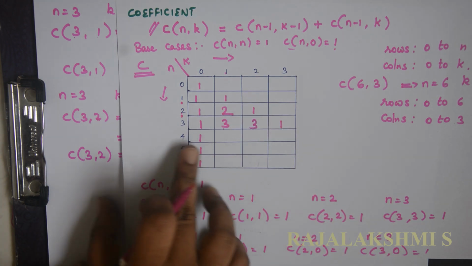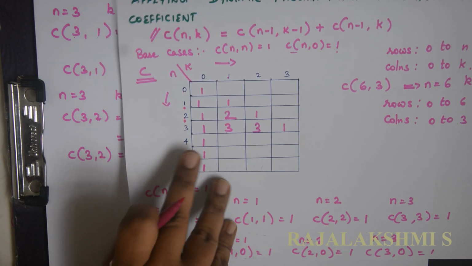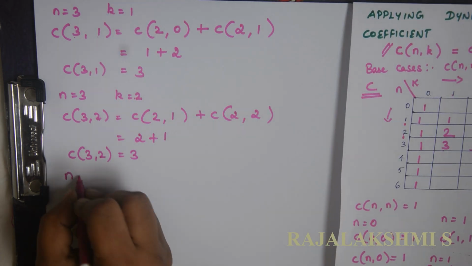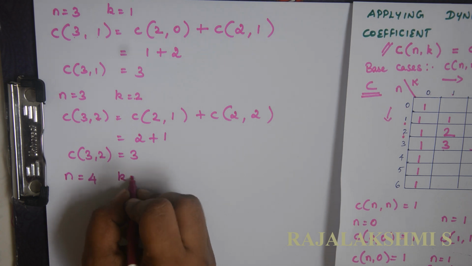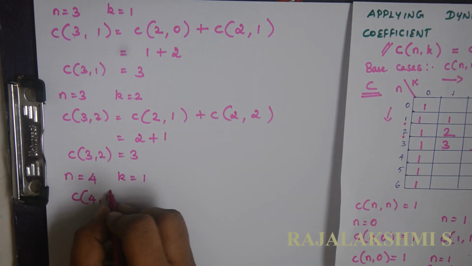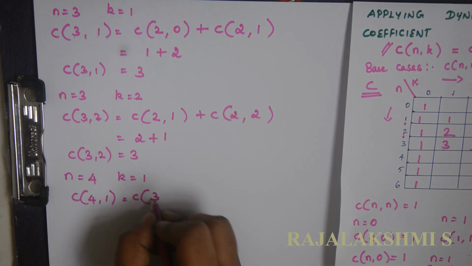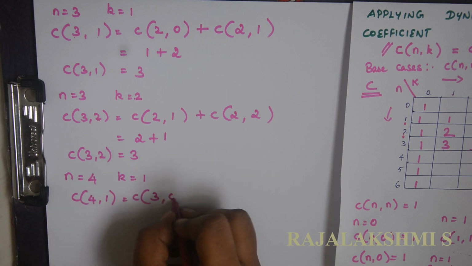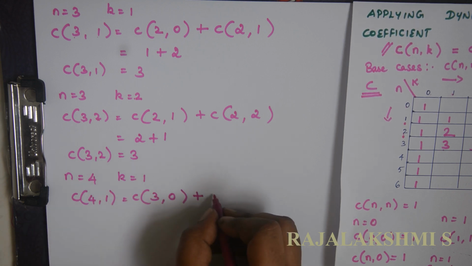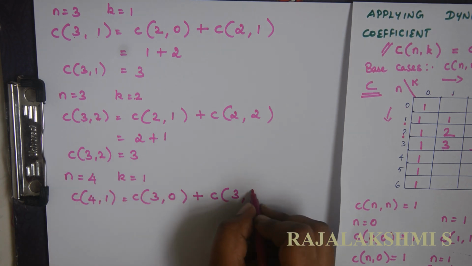Okay, so now we should find C of 4 comma 1. When n is equal to 4 and k is equal to 1, we should find, right? So C of 4 comma 1 is equal to C of n minus 1, which is 4 minus 1, that is 3 comma 1 minus 1, which is 0, plus C of n minus 1, which is 3 comma k, which is 1.